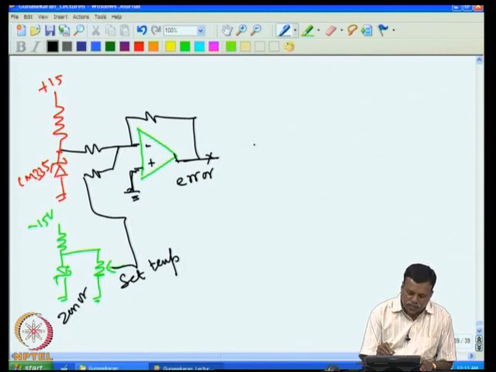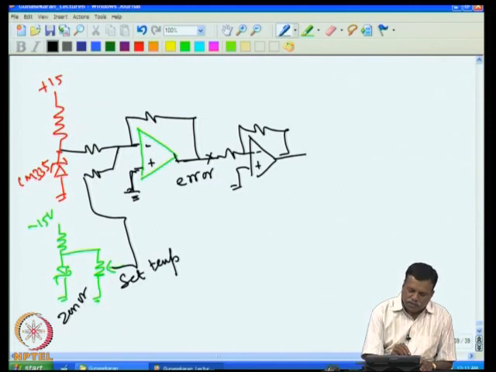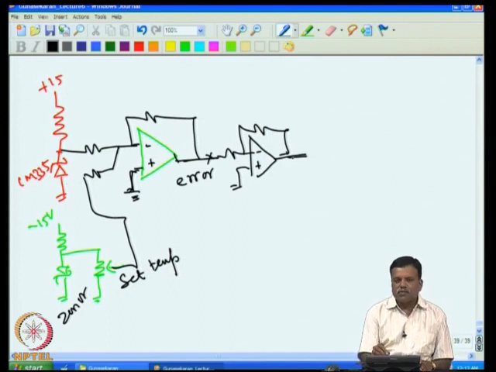So we can invert it so that it becomes plus. Essentially when temperature goes up, more plus voltage is coming here, and that makes this one go minus and this one go plus. So when temperature goes up, essentially this voltage will be increasing.